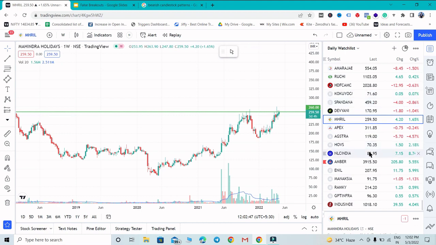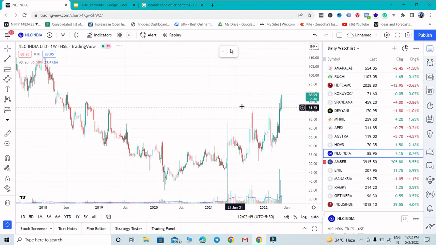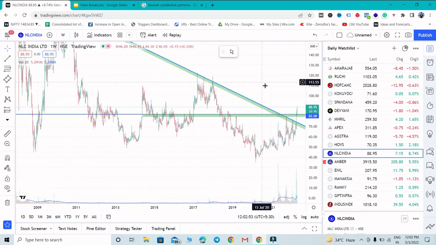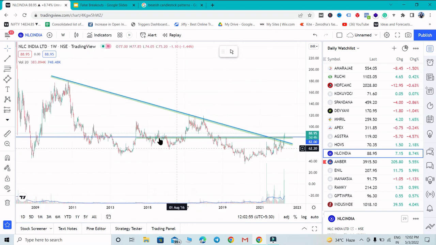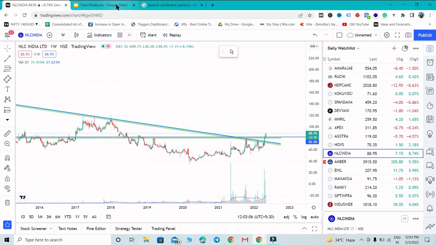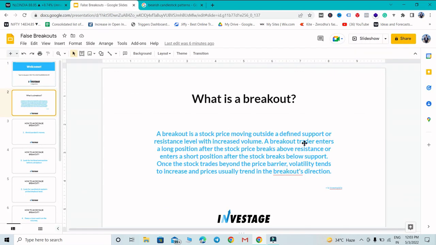Let's just take a quick example. I'll open a chart of NLC India. This is the weekly time frame. As we can see, this was a resistance: a trend line resistance, and this is a horizontal resistance. Let's take this trend line resistance for now. A breakout trader enters a long position after the stock price breaks above resistance.